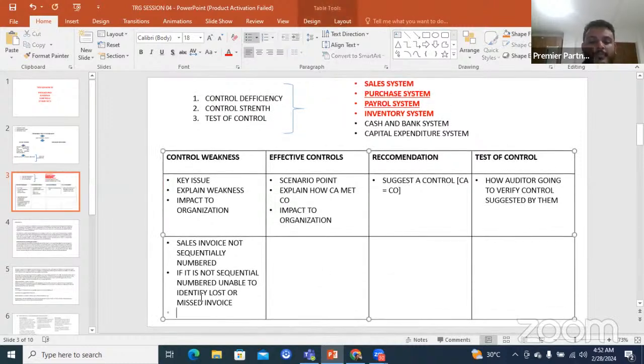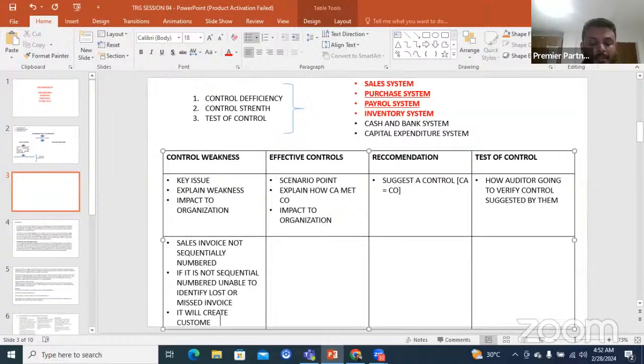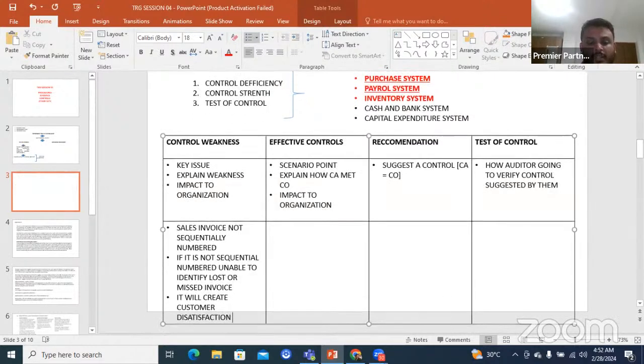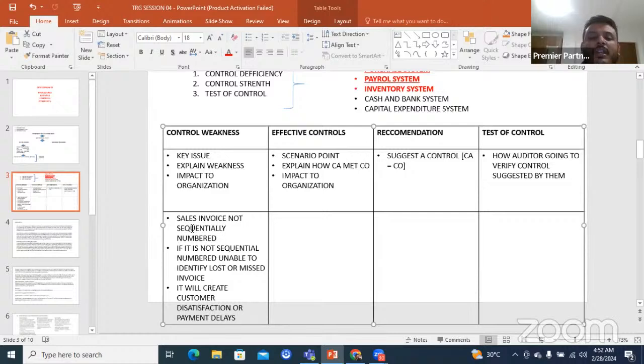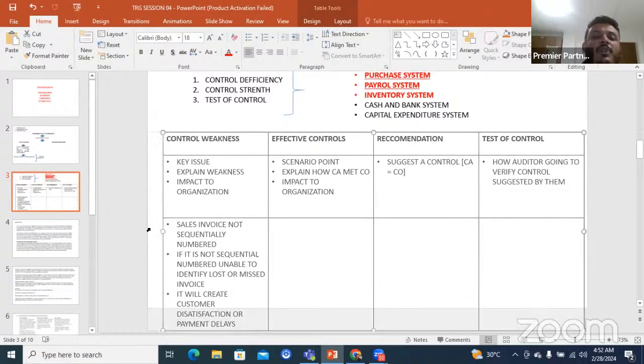Now, it will create customer dissatisfaction or payment delays. Correct, right? So when the sales invoice is not sequentially numbered, you can't identify invoices.